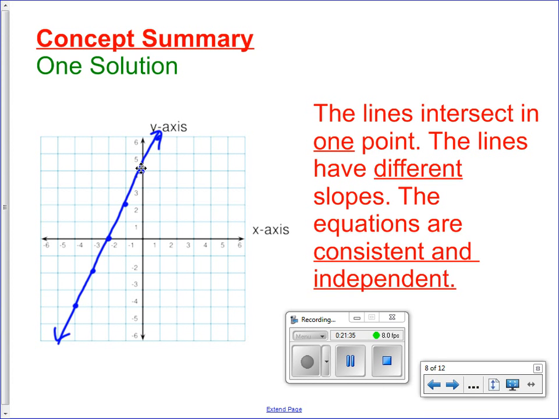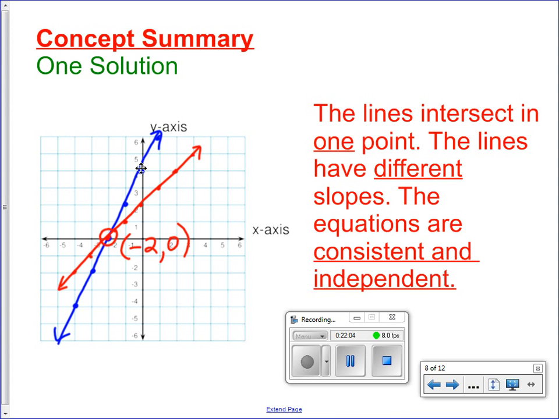Okay, and the other equation was y equals x plus 2. All right, so this is where we had a solution right here at -2, 0.